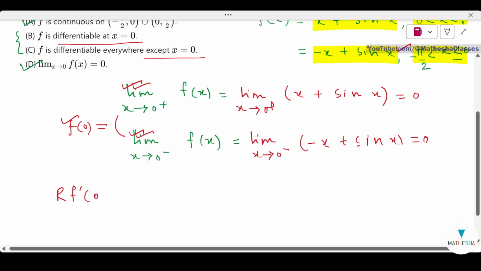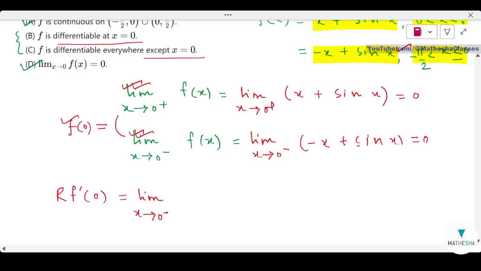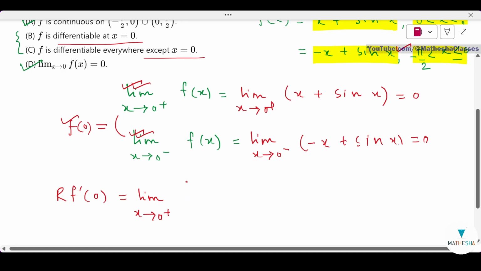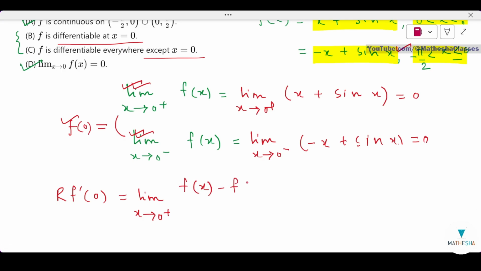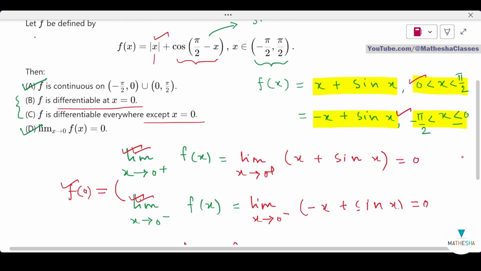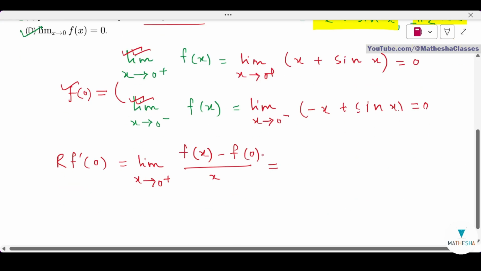So what is the right hand derivative of f at 0? It will be limit x tends to 0 plus (f(x) minus f(0)) by x. When x is 0 plus, we must use this expression, so x plus sin x.